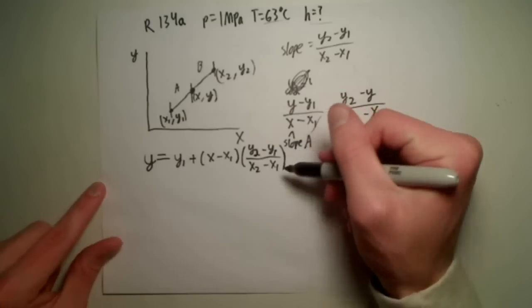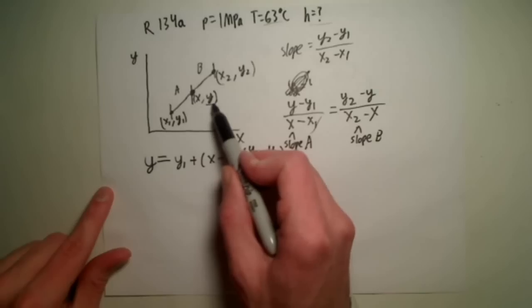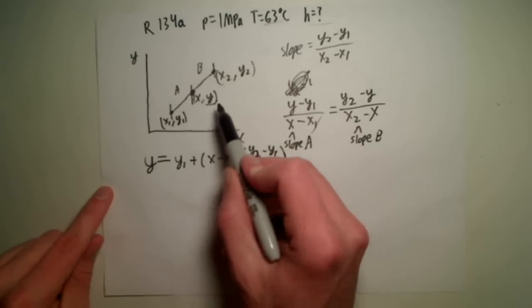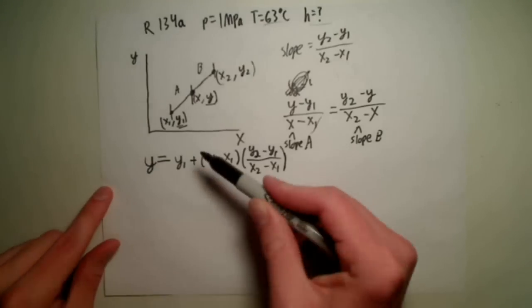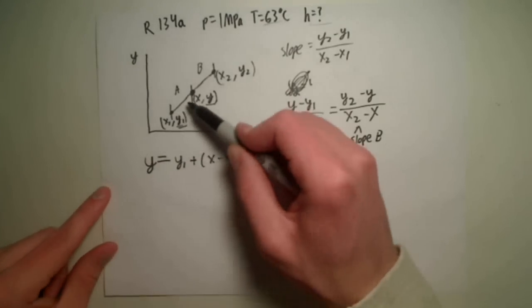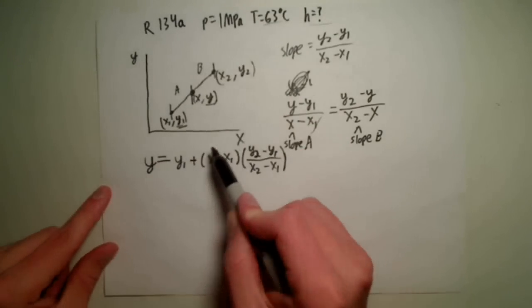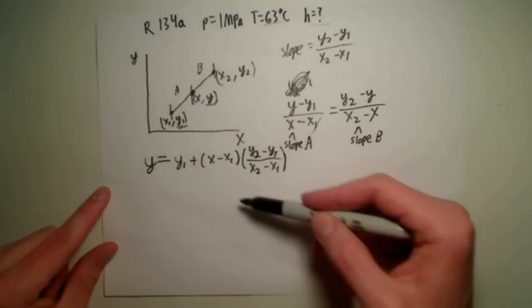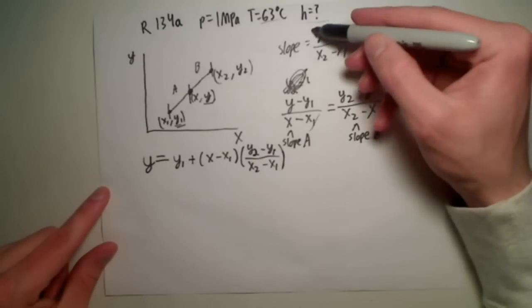What this is essentially saying is that we start at this point y1, and we're adding, going up along this line, because this is going to be some x and this is going to be the slope. This is the slope of the entire line, as you can see.